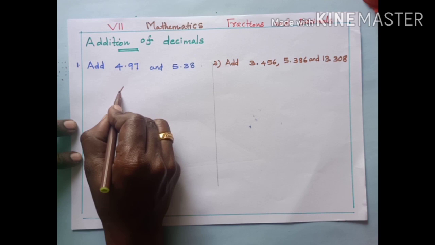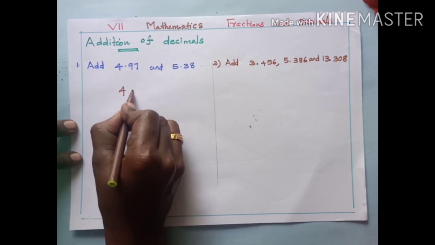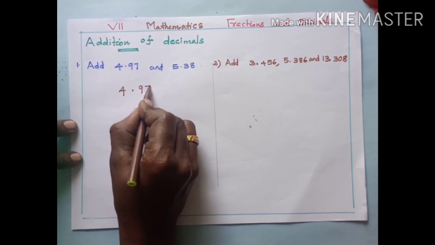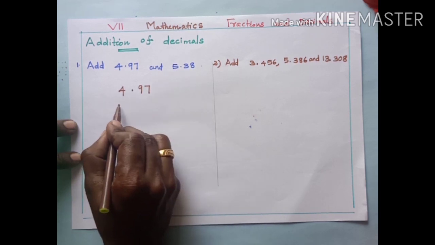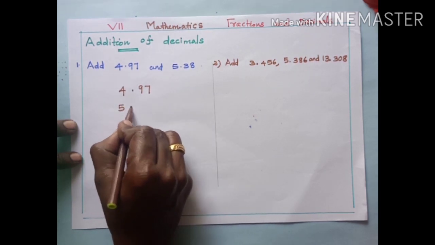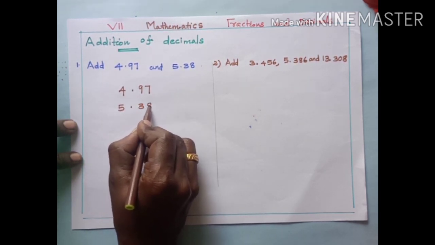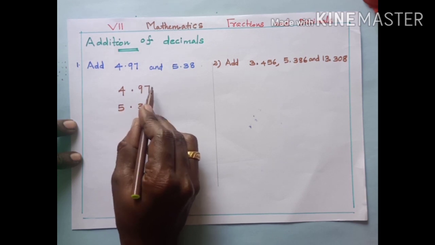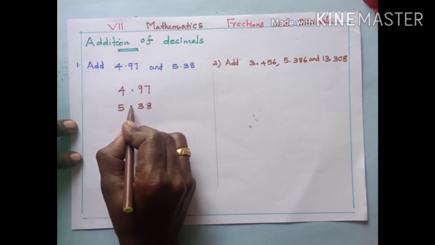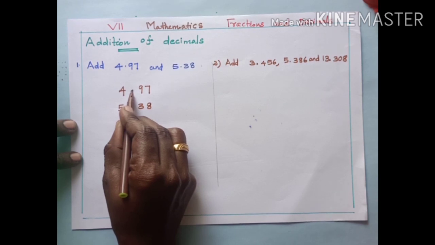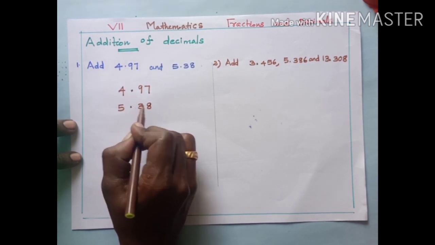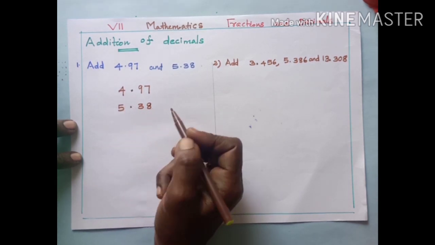That means 4.97 and 5.38, so that the decimal points of all the addends are in the same column. Clear, all of you?